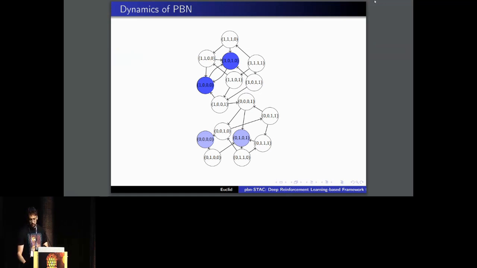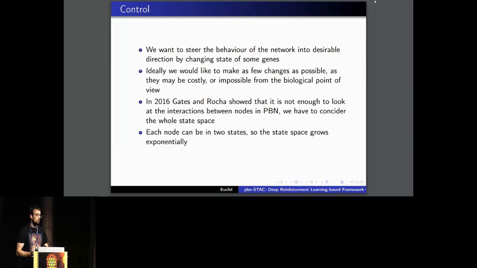We are interested in controlling the network from one desirable state to another, so from one attracting state to the other. And the attractors represent the phenotype states that we can observe. So those are the states that appear in biology.